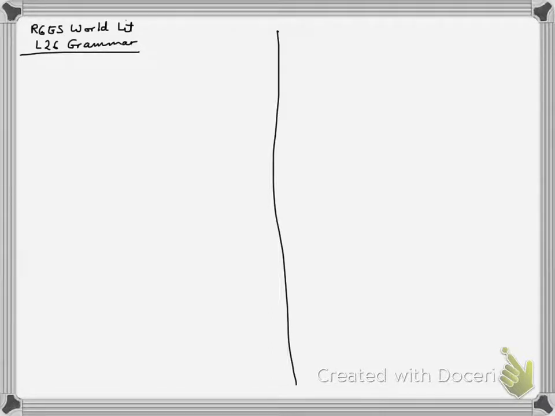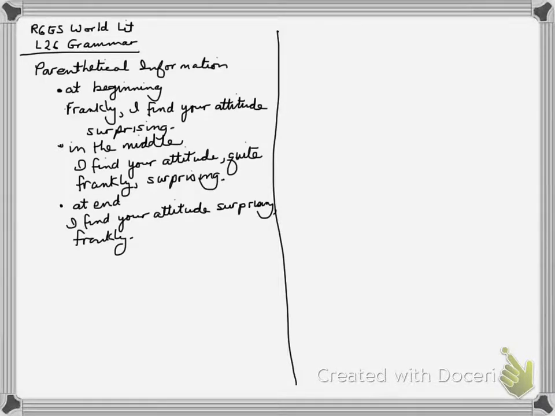Let me see if I've got an example here. Okay, so illustrating this, we could have our parenthetical information at the beginning, in the middle, or at the end of a sentence. When I have it at the beginning, I follow it with a comma.